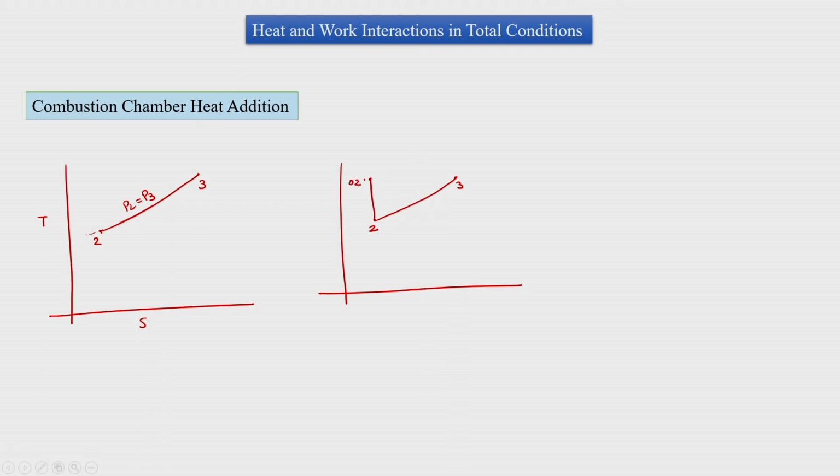So this is 2 to not 2 isentropically, such that we will get the stagnation condition, and we will go isentropically from 3 to not 3, where we are accounting this as half V2 square upon Cp, and this is half V3 square upon Cp.